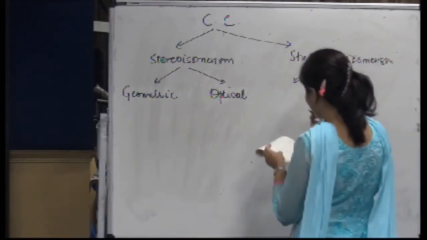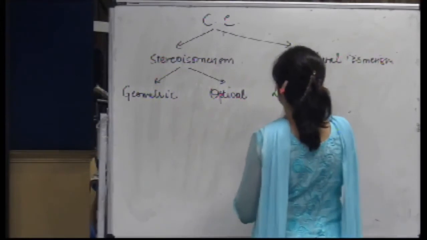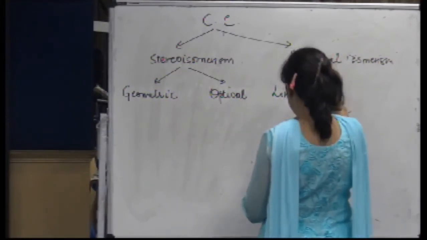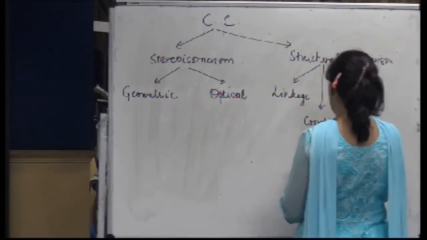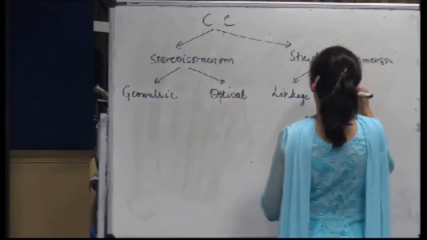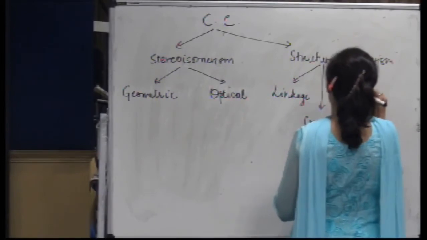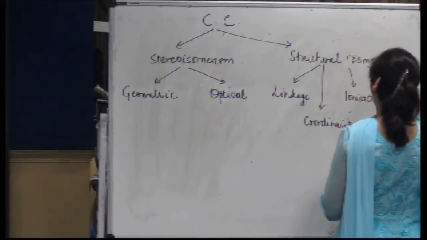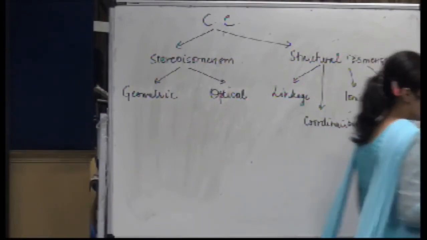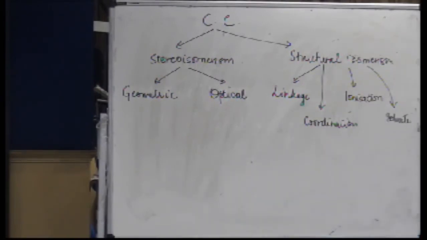In structural, you can have linkage isomerism, you have coordination isomerism, you have ionization isomerism, and you have solvate isomerism. ये coordination compound है ना, इसलिए ये थोड़ा सा different है.